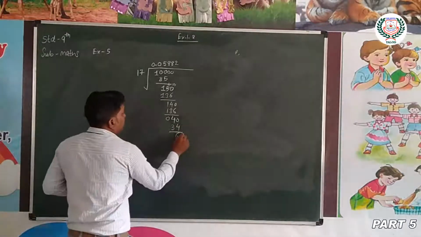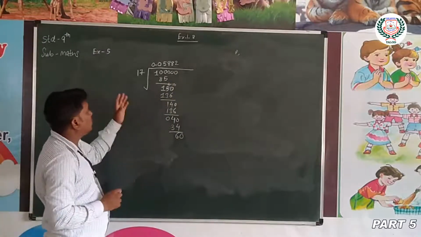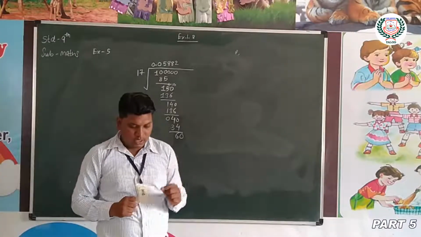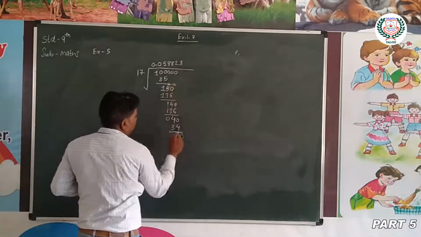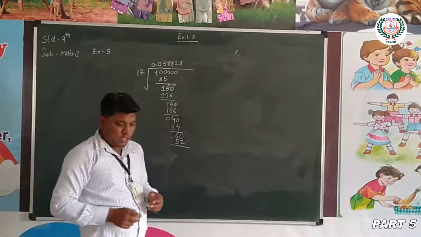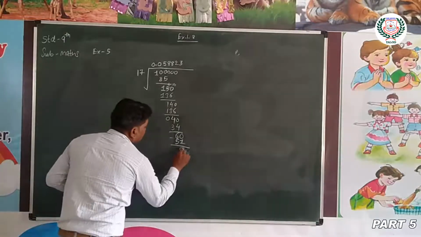Make 60 here and put 0 here also. So what happened now? 17 threes are 51. Do long division, so 60 minus 51 is 9, so 90.